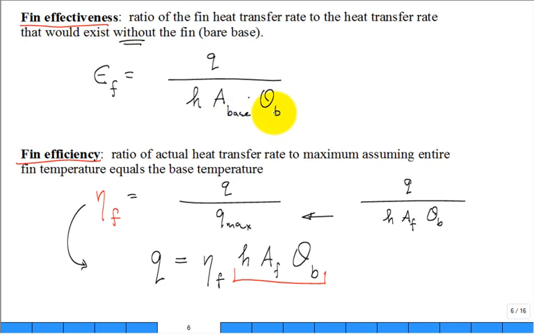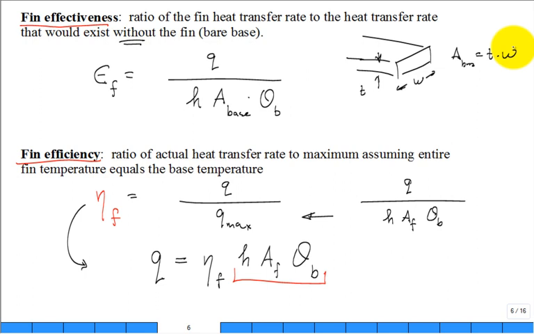So let's say this is a rectangular fin, and we had thickness T and width W. The area of the base is T times W. It's basically the same as our conductive area for conduction out through the fin, the constant cross-sectional area fin.